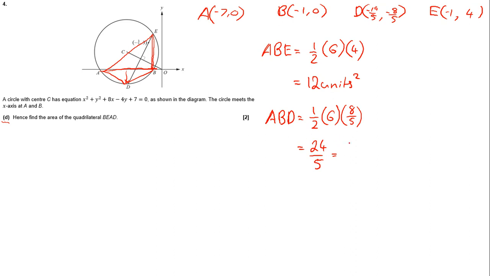I'm just going to put this into decimals for us. That's just 4.8 square units. Last but not least, let's add these together. So the quadrilateral BEAD is just going to be 12 plus 4.8, which equals 16.8 square units.